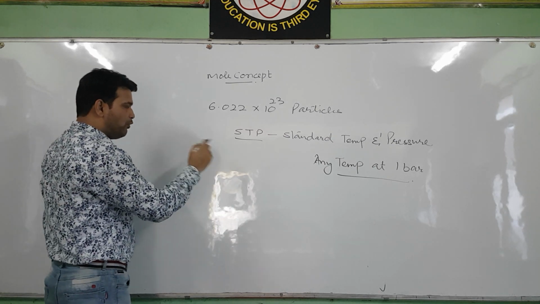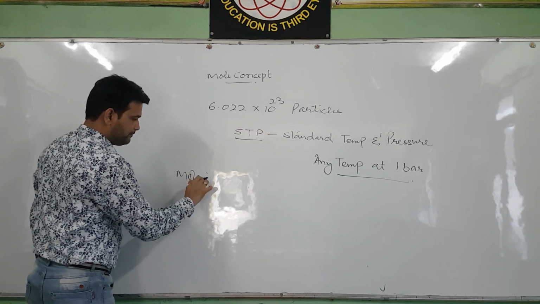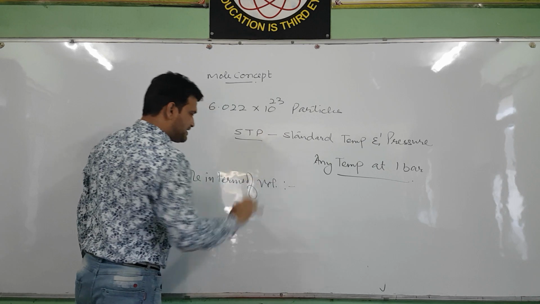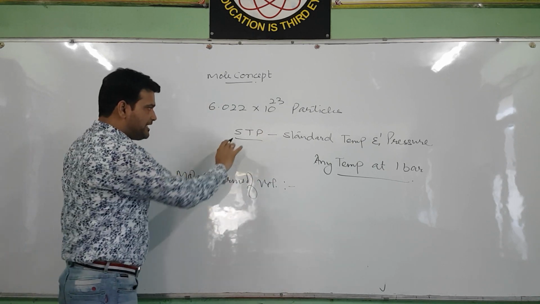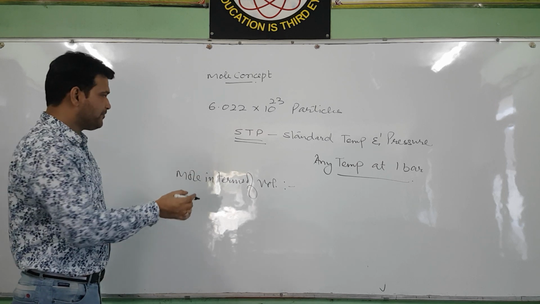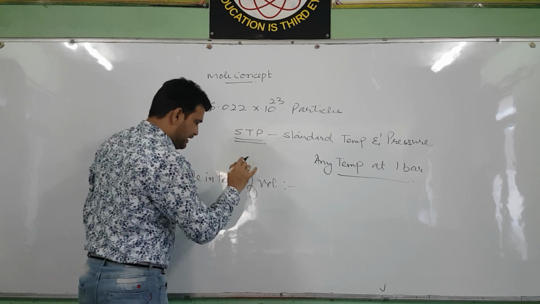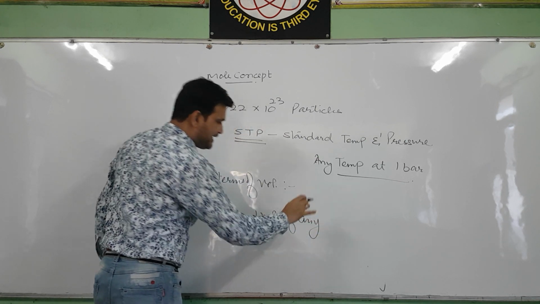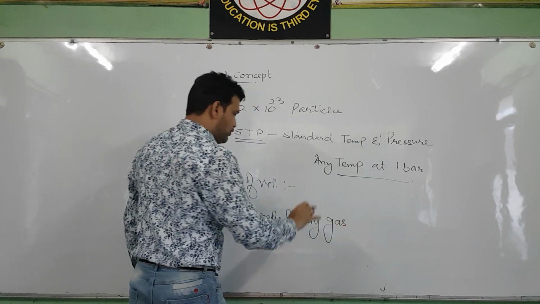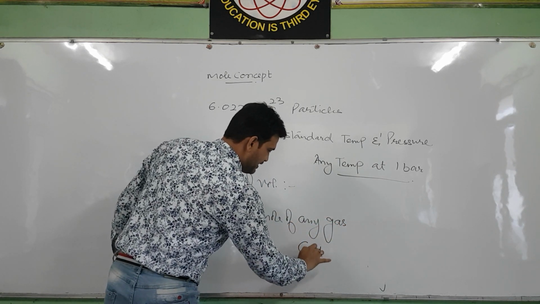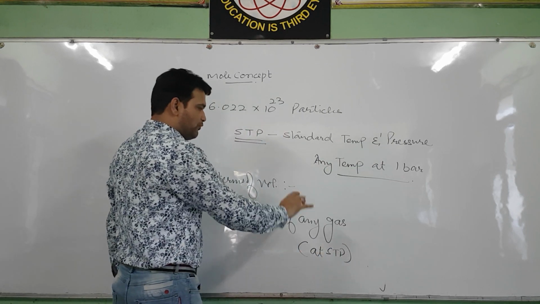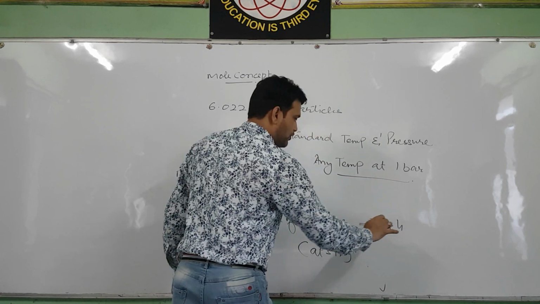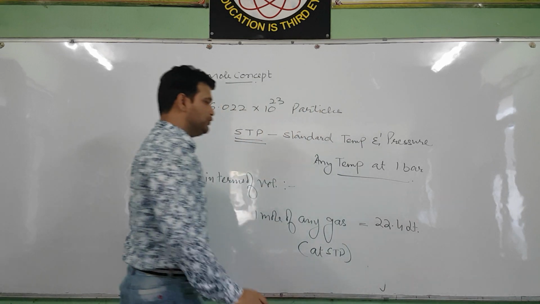So mole in terms of volume may be expressed as follows: at STP, 1 mole of any gas occupies 22.4 liter volume.